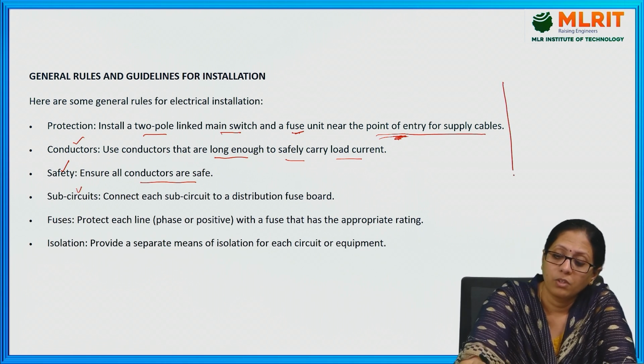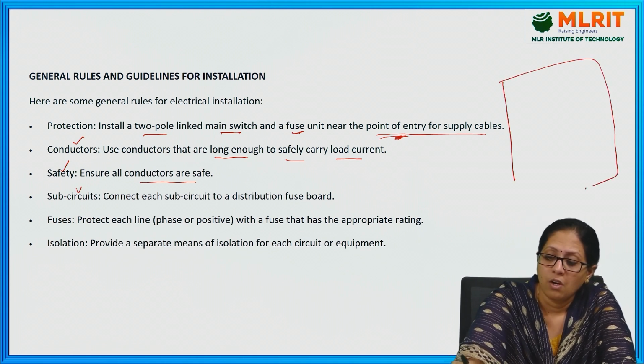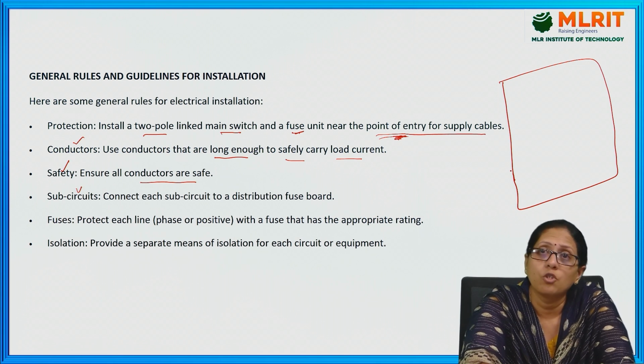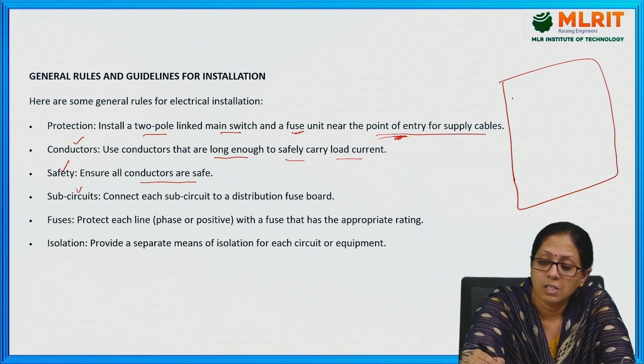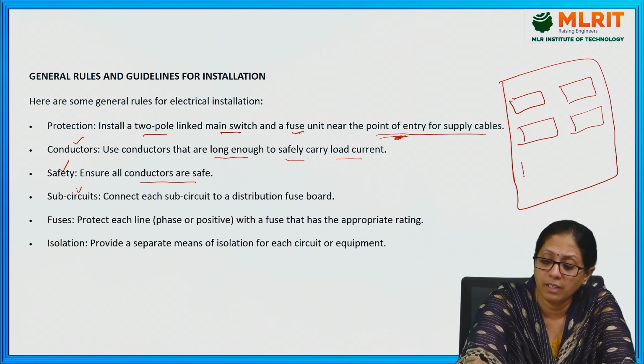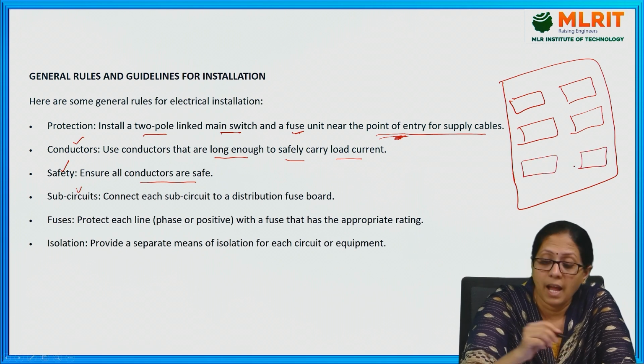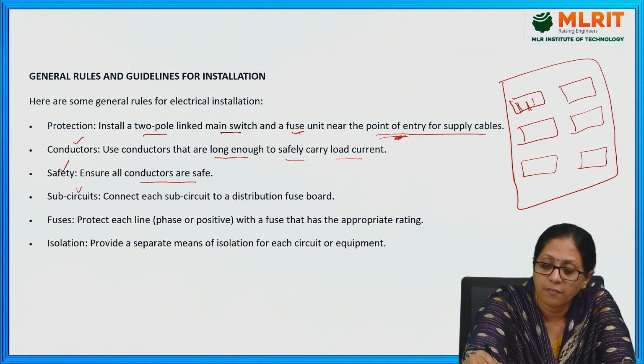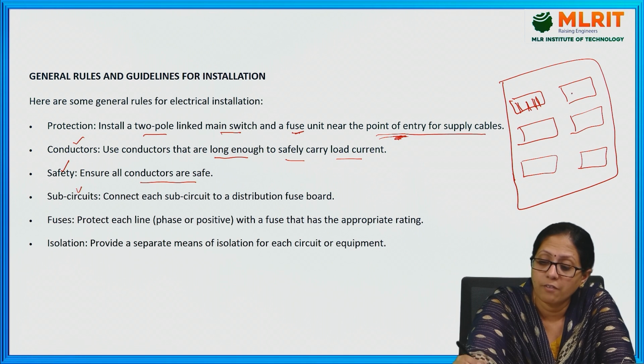You can take an example of a particular distribution box. This distribution box is divided into different sections like this, and each section will have different fuses or different MCBs.